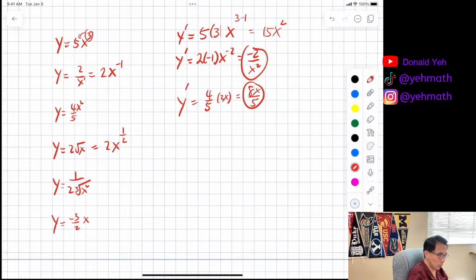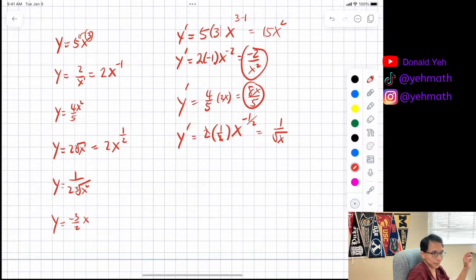Because this is a 1, this is a 2, right? This is 1/2. So guess what? y prime is going to be 2 times 1/2, because I'm going to bring the 1/2 down in the front. x to the what? There we go. You got it. See, this cancels out. That's 1 over root x.